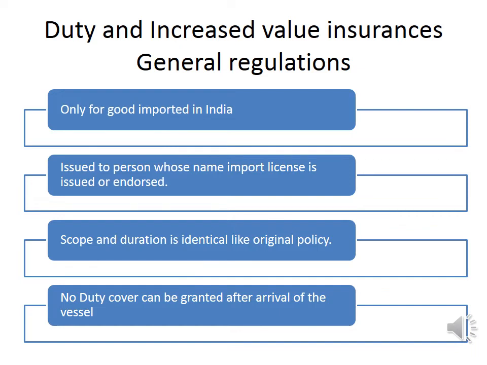So in the basis of valuation, they will say, for example, CIF plus 10% plus duty. But the 10% is not added on this duty portion. Every portion of duty has to be insured. The limit has to be provided in advance.